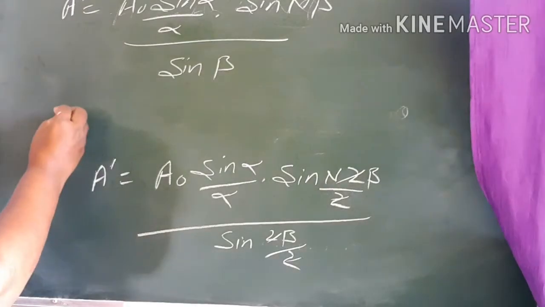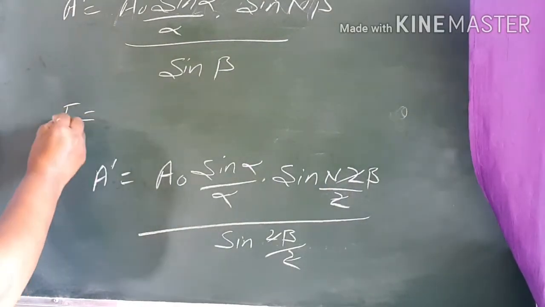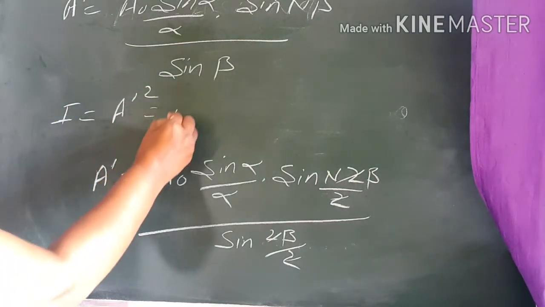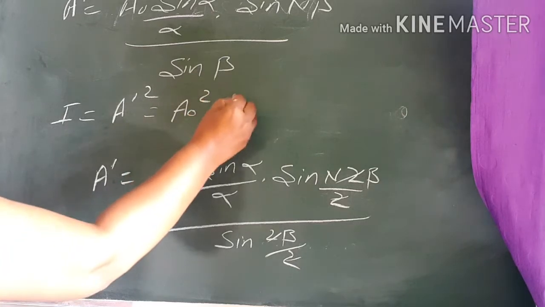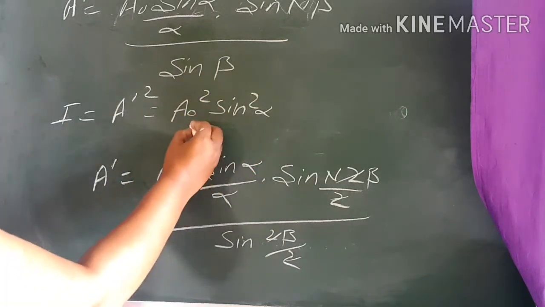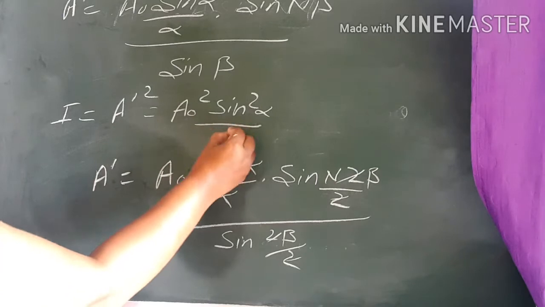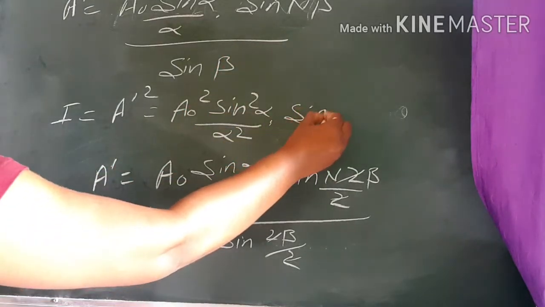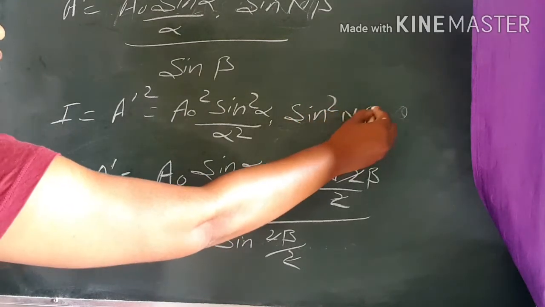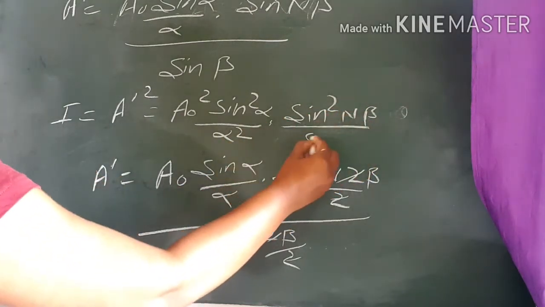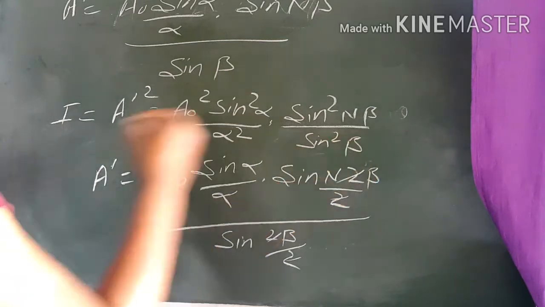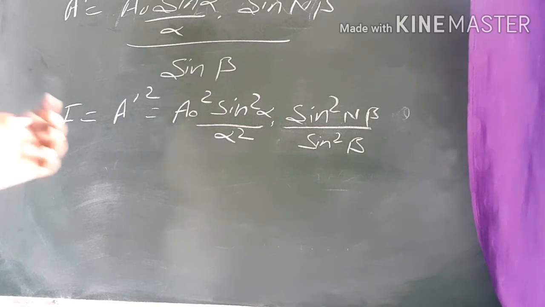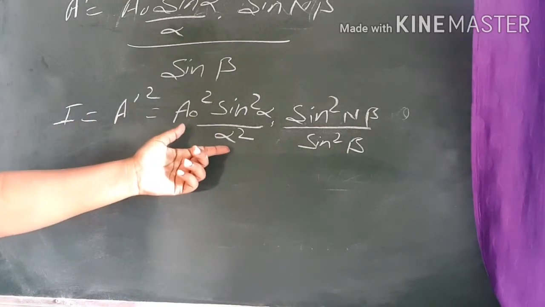This is the amplitude, and what is the intensity? A dash square. So we can write A naught square sin square alpha by alpha square into sin square n beta divided by sin square beta. So this is the resultant intensity.